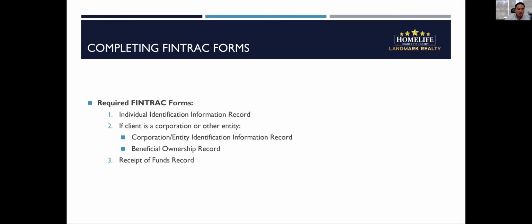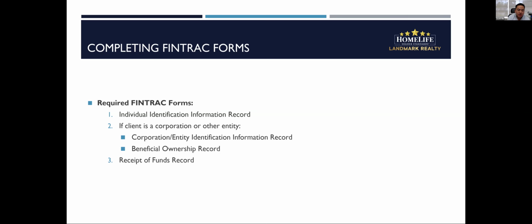Here, I just listed out the basic forms that we do require. When you're acting for an individual, whether it's a seller or buyer, there's the individual ID form. Sometimes there may be a corporation involved, especially in a commercial transaction, often a corporation or even a nonprofit organization. We have to keep the corporation ID record on file.